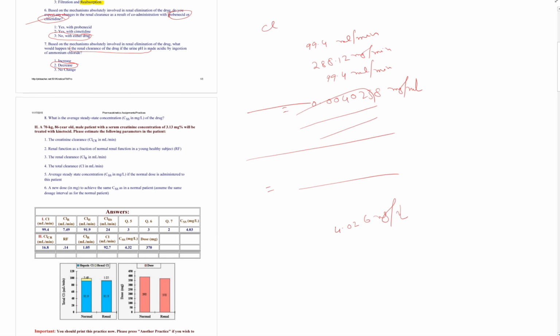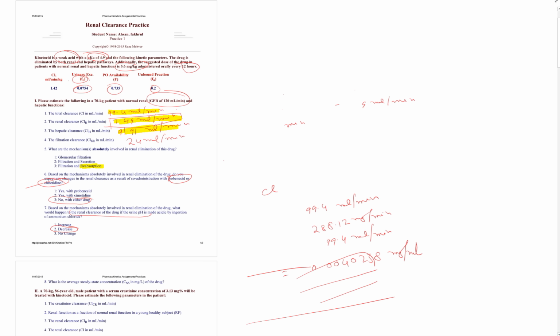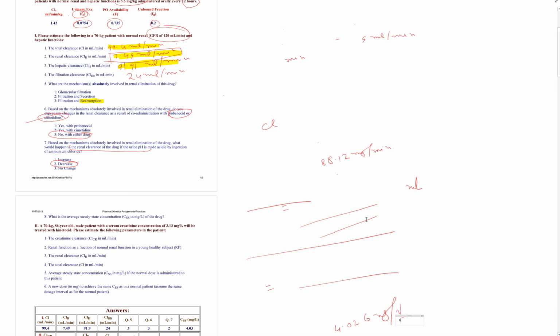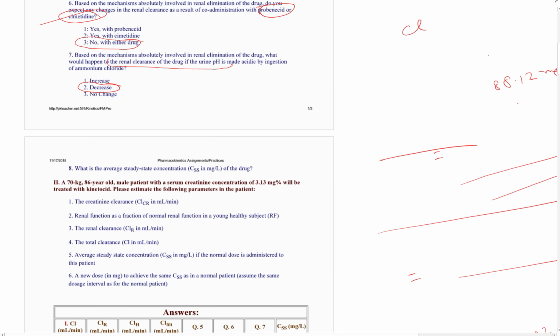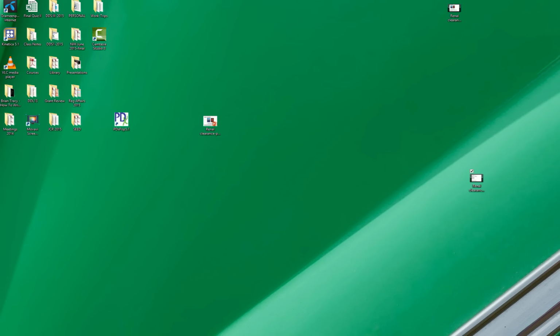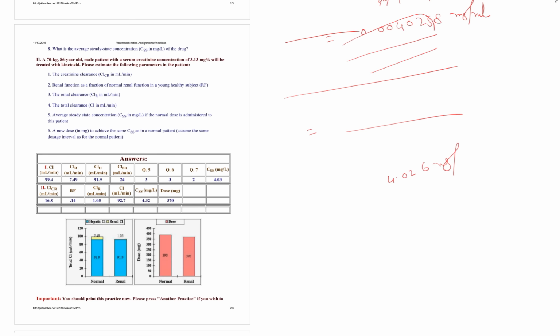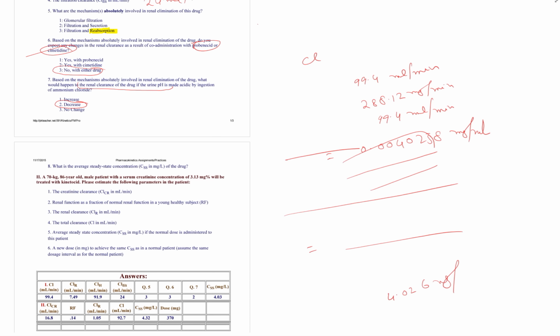What happened to my calculation here? Yes, it is here, but it has disappeared. You have to use this equation.